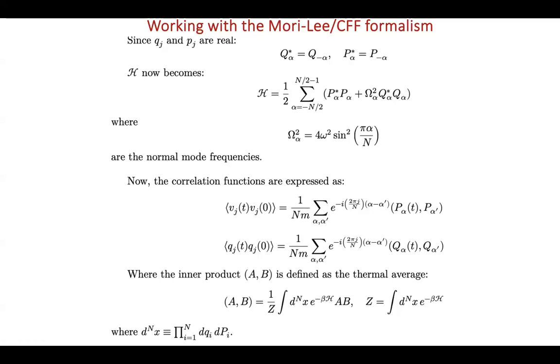Okay, one more comment I wanted to make here. For most liquids and also solids, the velocity autocorrelation function of a particle, only classical, is pretty much the most important quantity you calculate from a non-equilibrium statistical mechanics point of view.